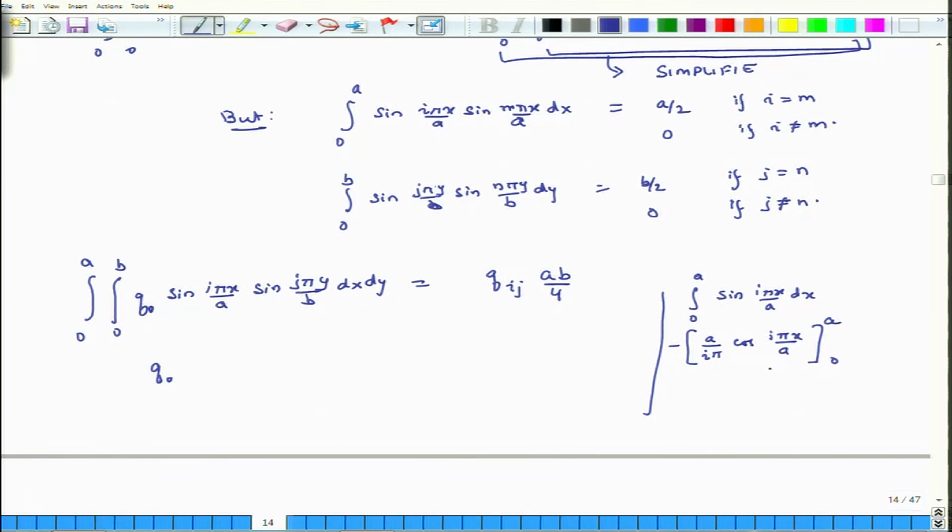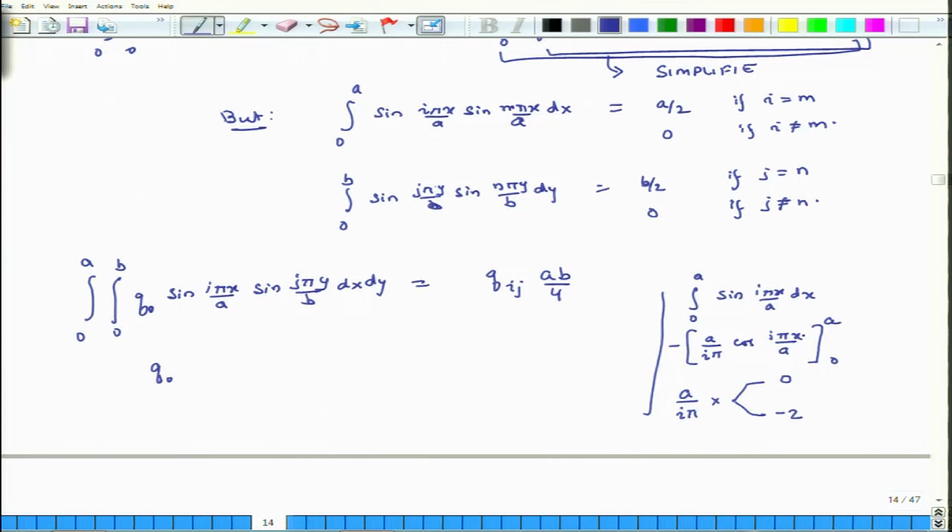This becomes a over i pi times two possible values. If i is even, then this becomes 0, and if i is odd, then it becomes minus 2.